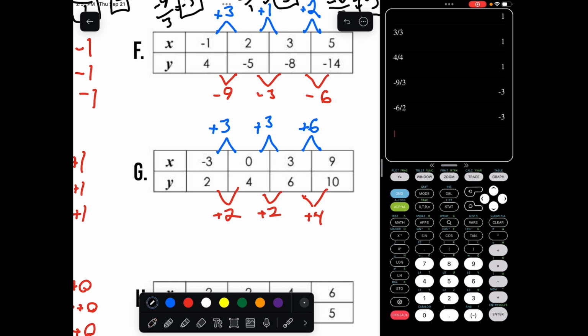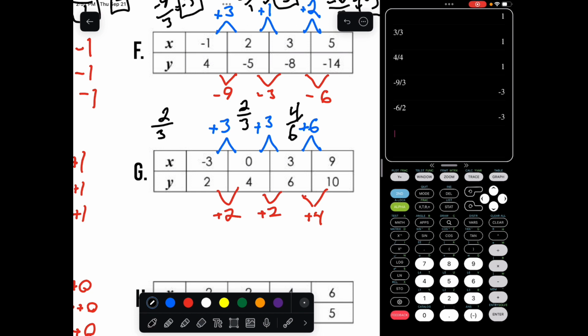The slope is the change in y over the change in x, right? The y is on the bottom and the x is on the top in this table. But when I write my slope, it's the y that goes on the top of the fraction, so the 2 on the top. And the x is on the bottom, so 3 on the bottom. Same thing with my next points, 2 over 3. And then I have 4 over 6.